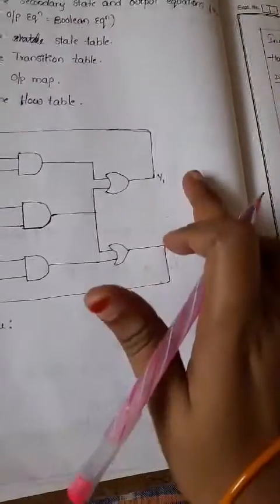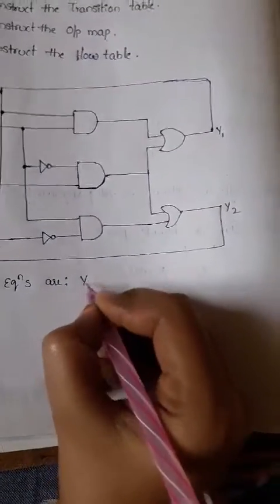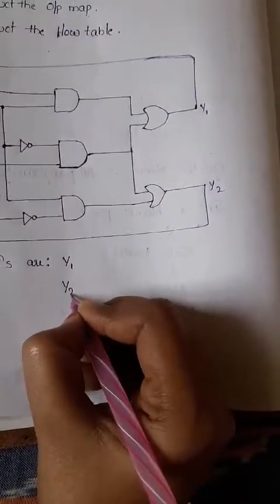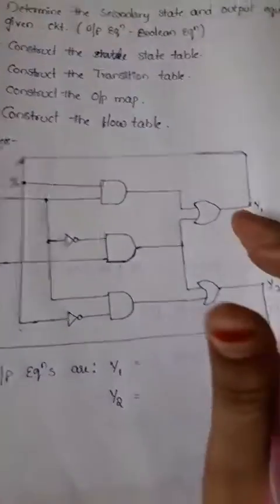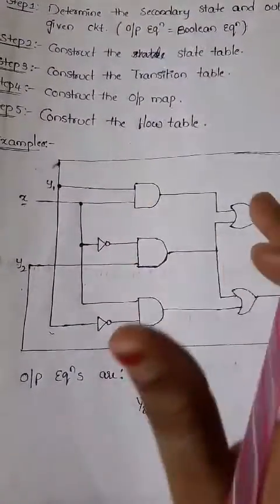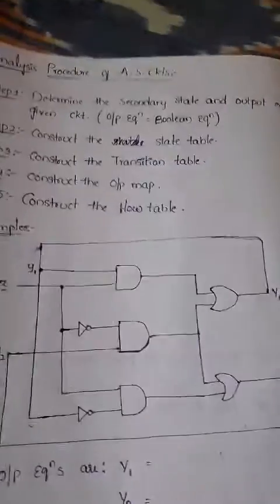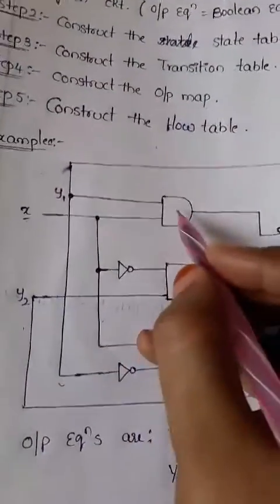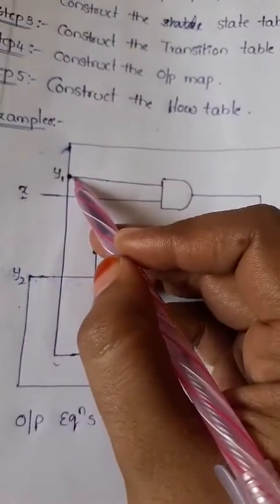How to write the output equations? We have the internal states represented like y1 and y2. Y1 is connected like two AND gates with an OR gate. First we find the AND gate outputs, then the OR gate output. The first AND gate is connected to the input variable x and one secondary variable y1.